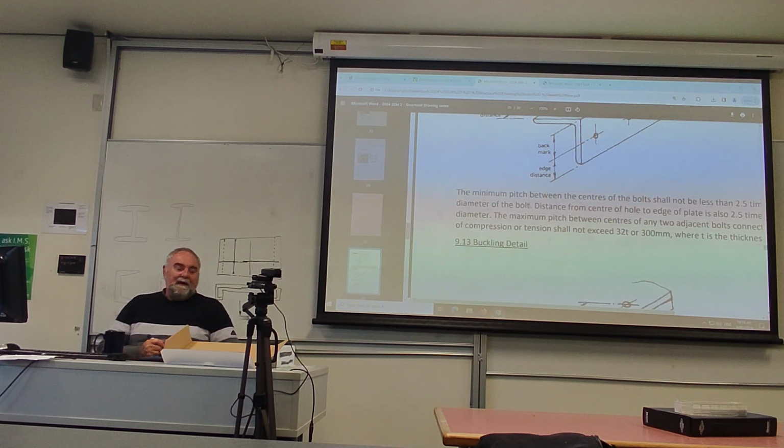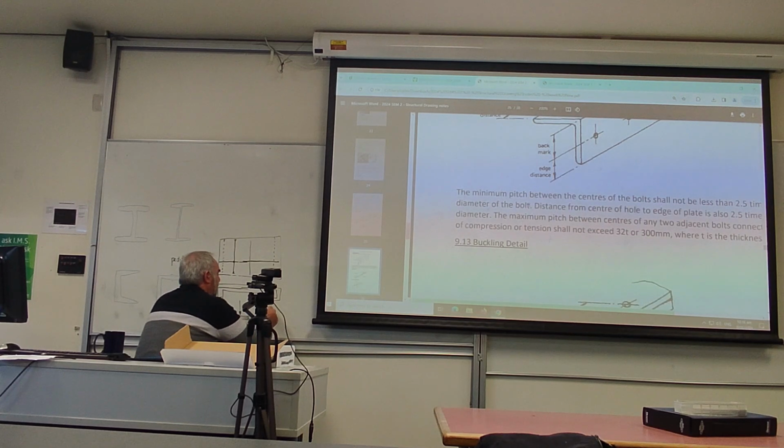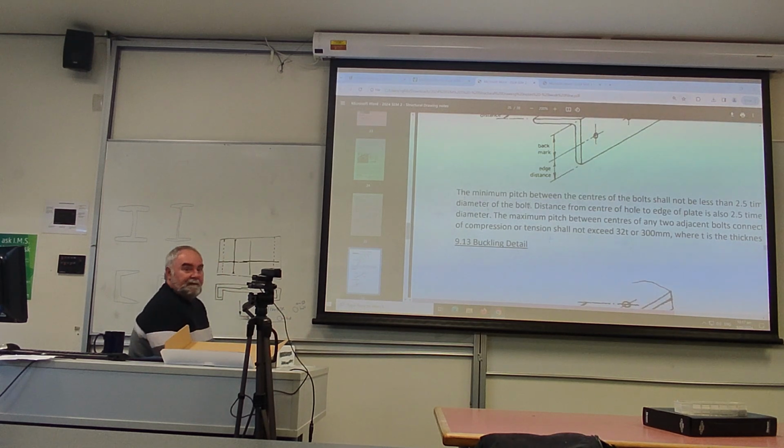So with timber, the hole is, if it's a 16 diameter bolt over here, with timber, that is also 16 diameter, okay?